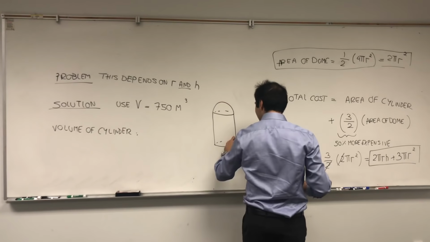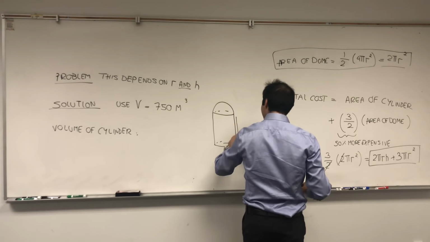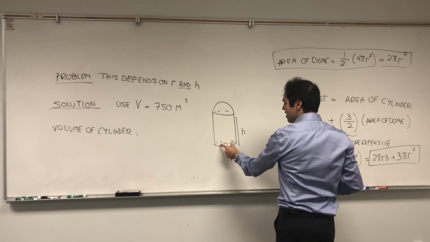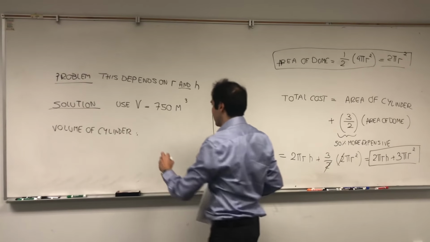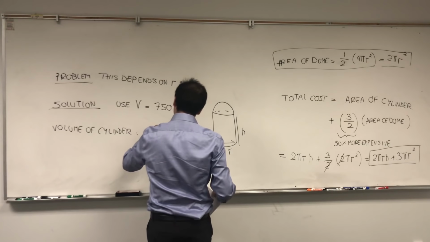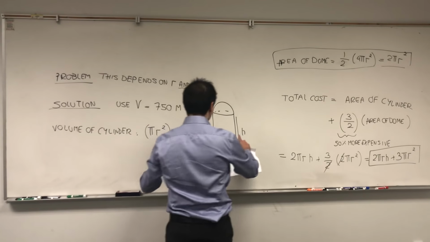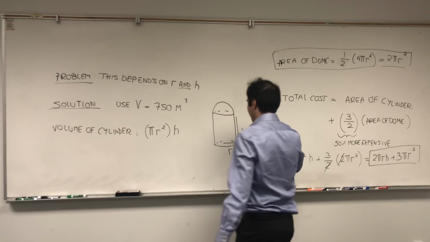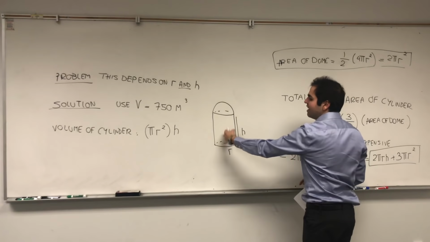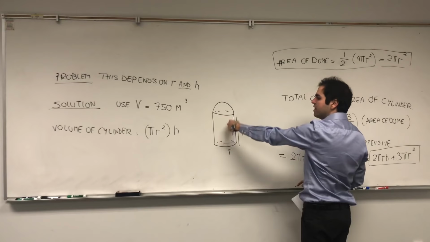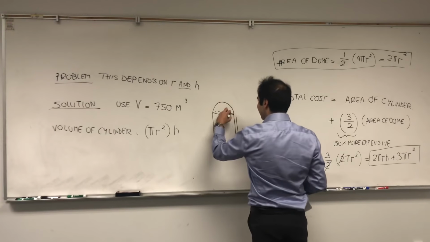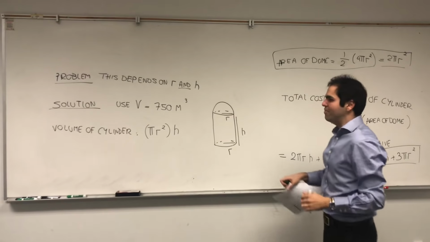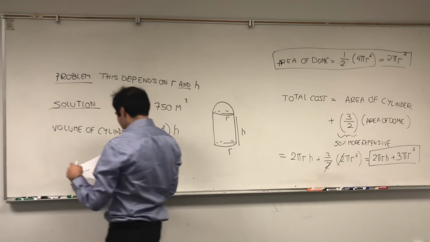Again, this time it's not 2 pi r h, but what you do, you take the area of the circle, which is pi r squared, and you multiply this by the height, because again, you're kind of adding up a bunch of little disks of height h. And then, for the rest, remember the volume of a ball.